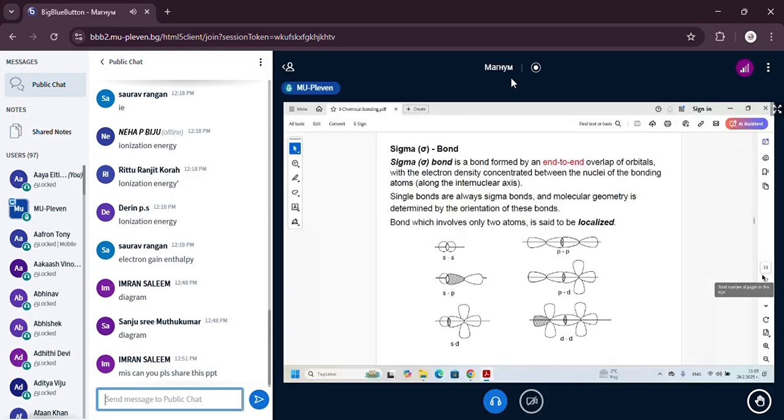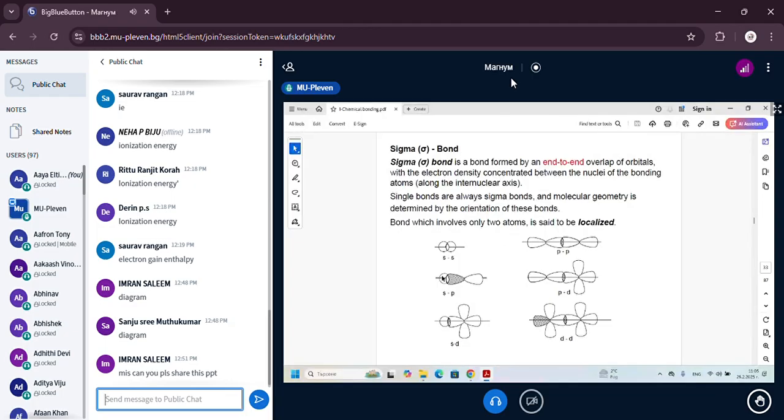So how can we represent overlapping between different types of atomic orbitals? 2s atomic orbitals, like in hydrogen molecule. 2p atomic orbitals, end-to-end overlapping along the internuclear axis.